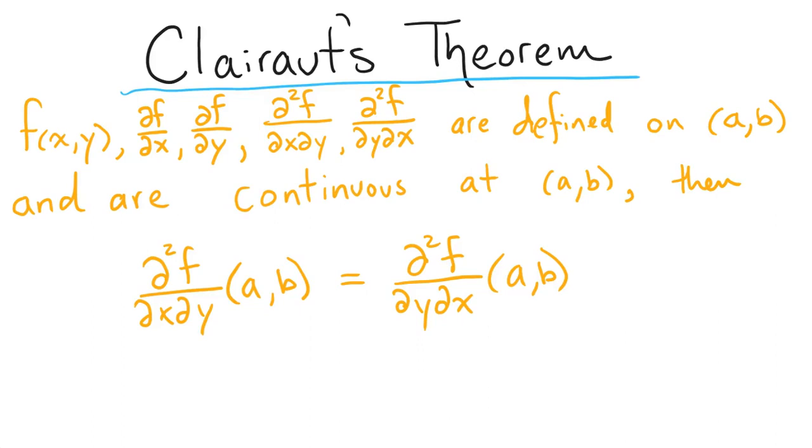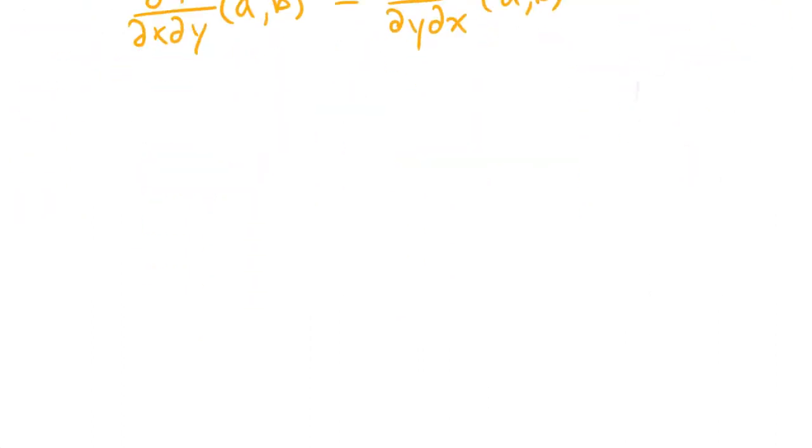In other words, you can take the partial derivative of f with respect to x and then y, or with y and then x, and you will get the same answer. So I'll do a quick example, and I will do a pretty extreme example of how this can really save you a lot of time, energy, and effort on a test or a homework assignment or whatnot.